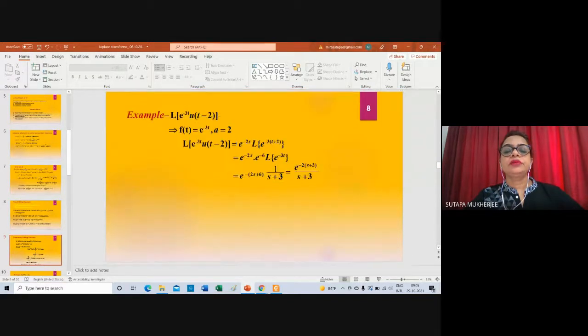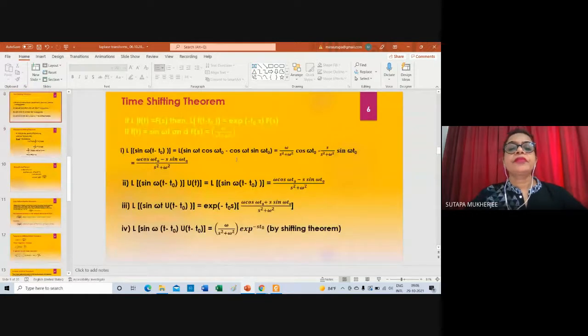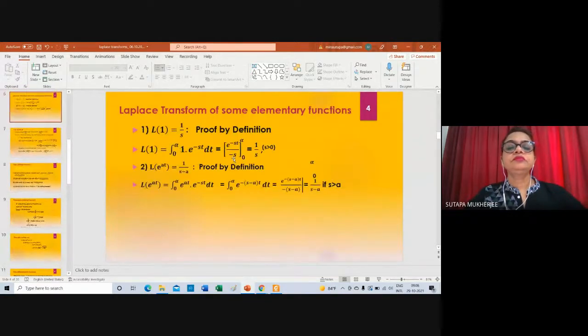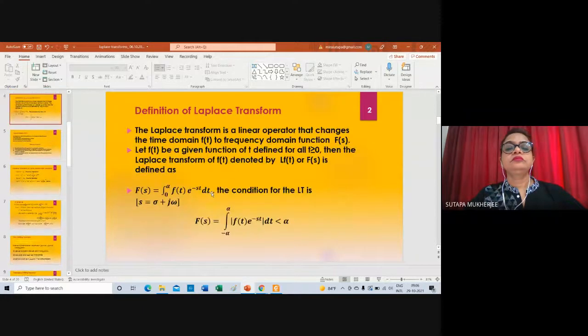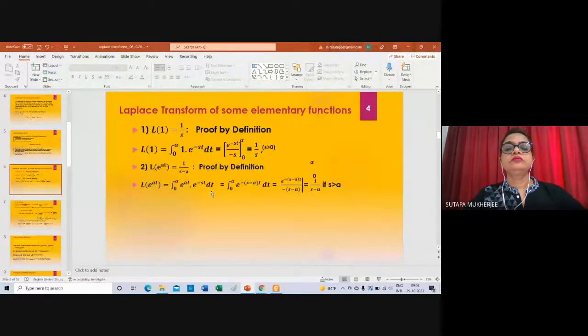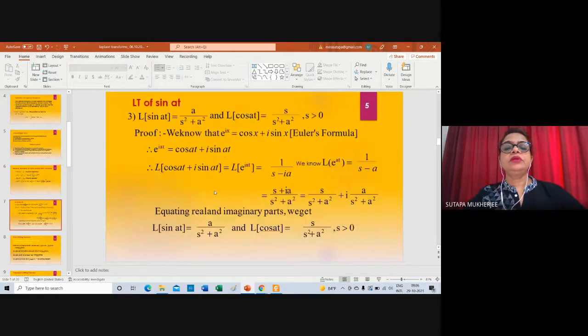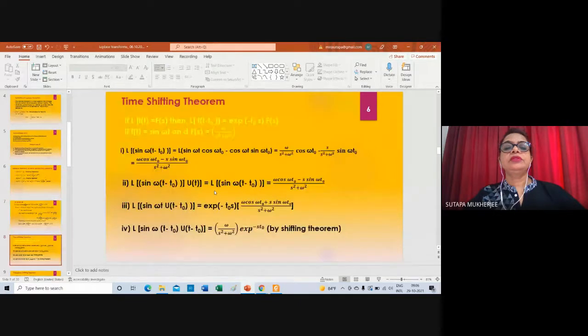No, this is not. E to the power at, yes. No, this is not. This is the shifting theorem.